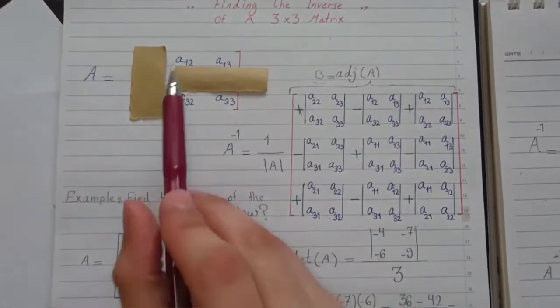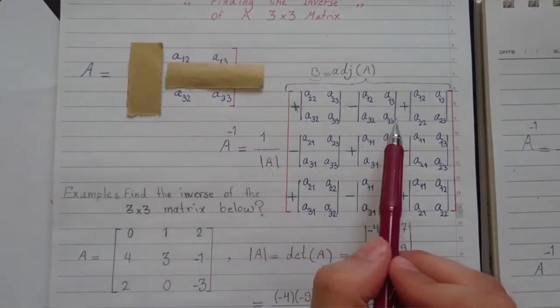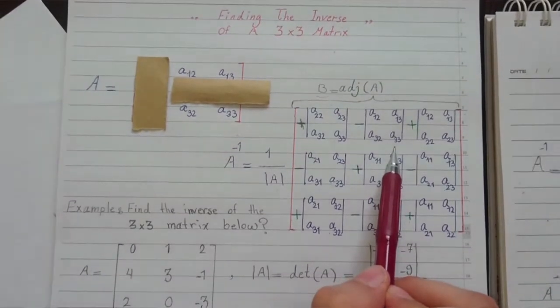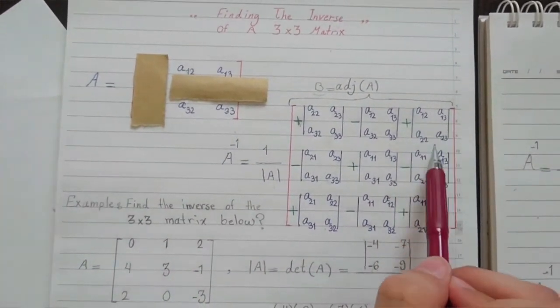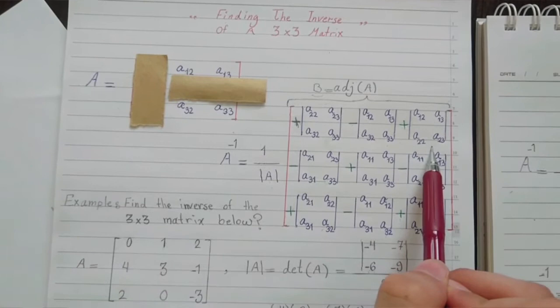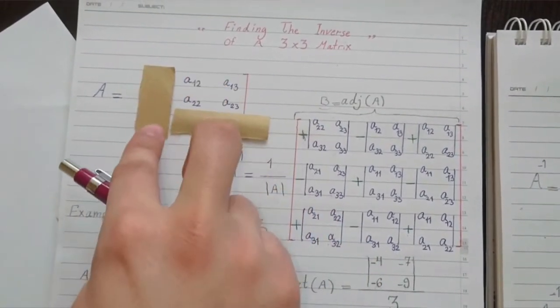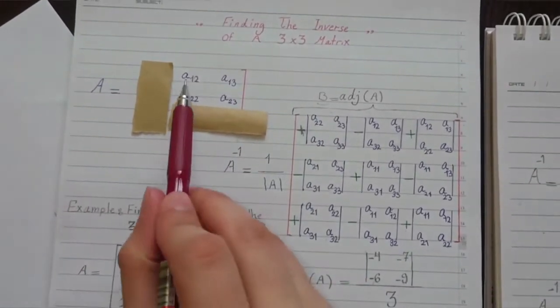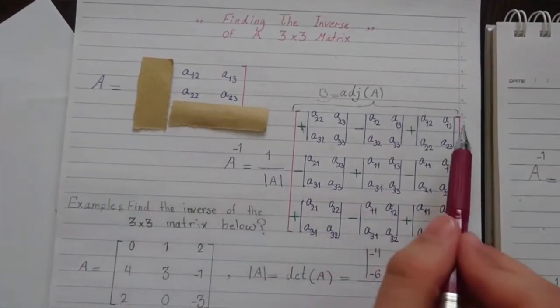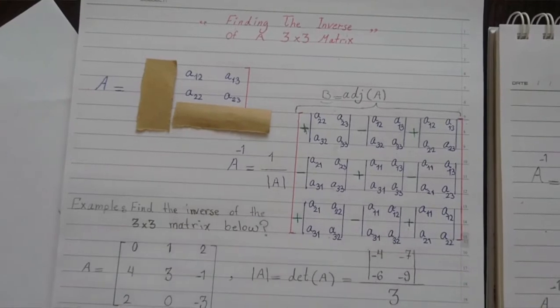So it's going to be A sub 1 2, A sub 1 3, A sub 3 2, and A sub 3 3. Okay. The entry B sub 1 3 is equal to the determinant of our matrix after ignoring the first column and the third row, which is equal to A sub 1 2, A sub 1 3, A sub 2 2, and A sub 2 3.